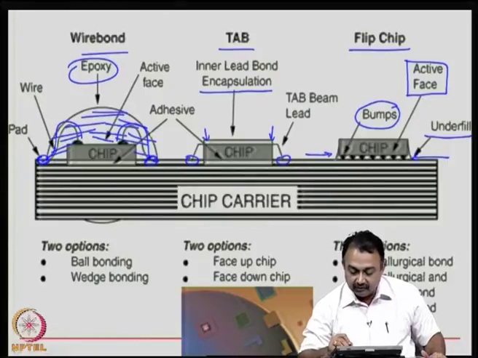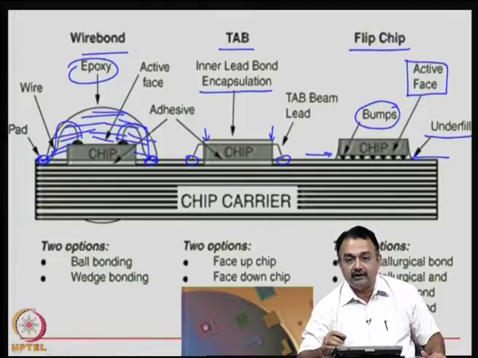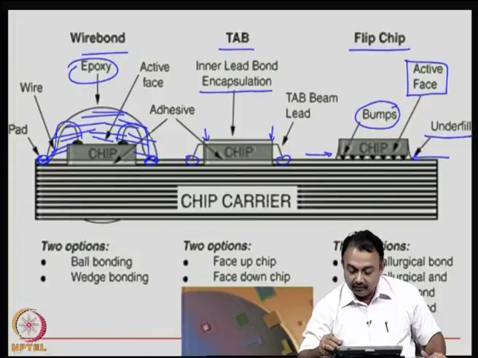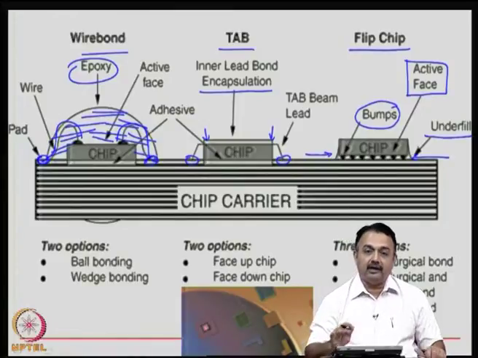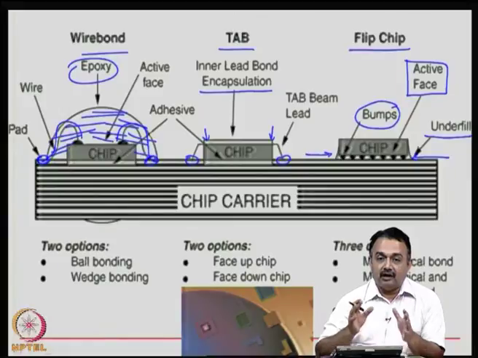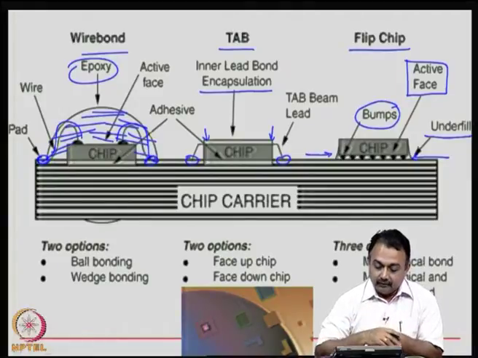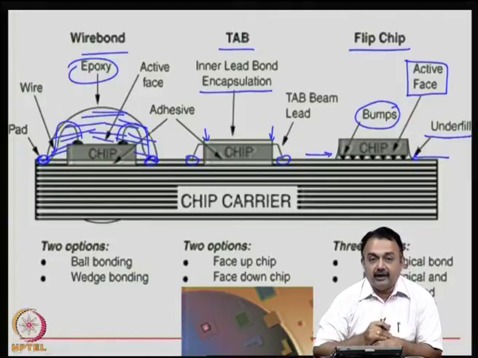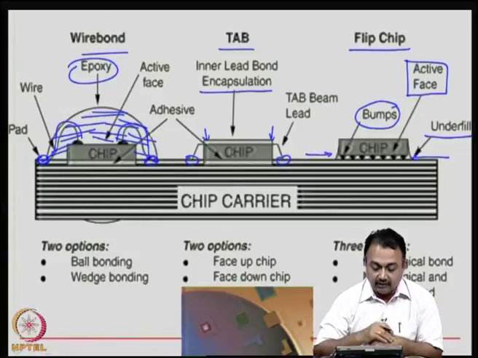Now, this area between the die and the substrate has to be covered, that is the only area that is open. Now, you can use a process called underfilling to protect or fill up that area, so that the entire die and the substrate together in unison are protected. Okay. So, these are the encapsulation or protection methods used for wire bond, tab and flip chip.